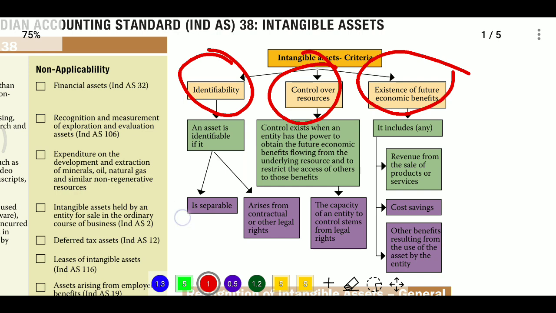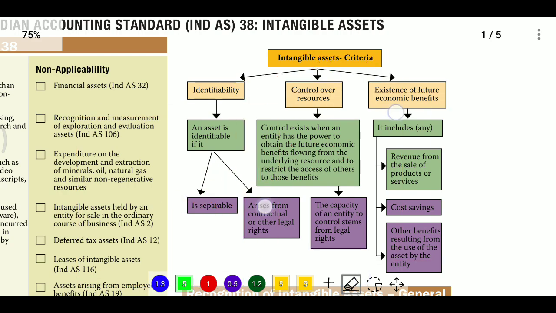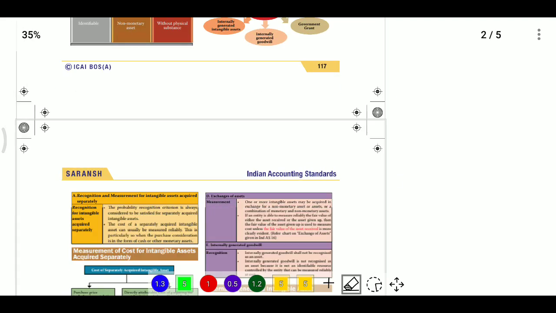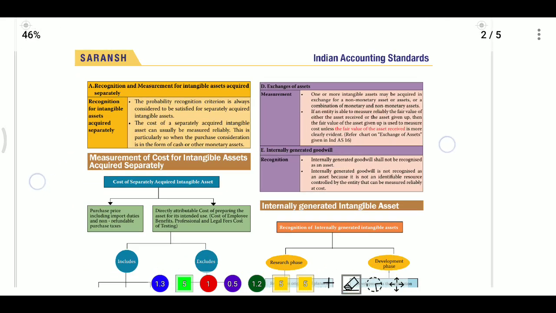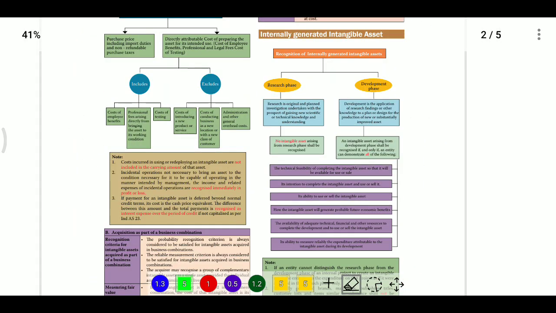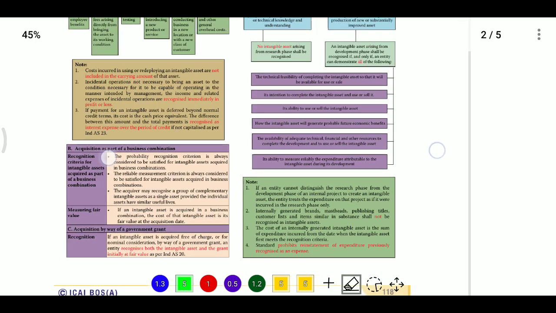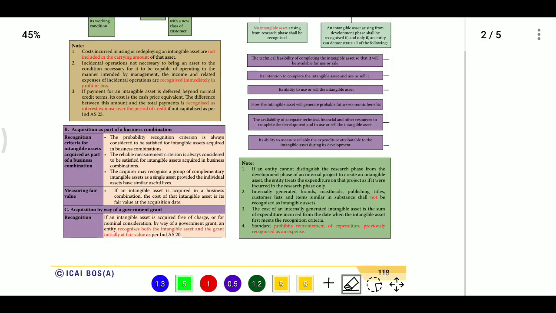For example, market share. It is not identifiable, so it cannot be considered an intangible asset. Or sometimes we go with marketing and advertisement expenses. Whenever we incur advertisement expenses, we are simply incurring them for promotional activity.